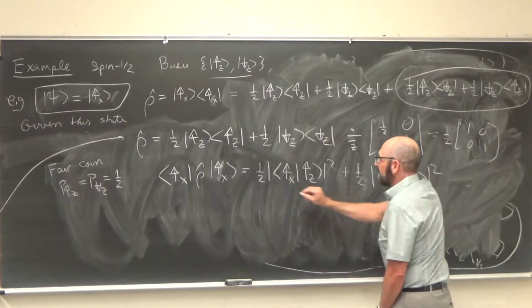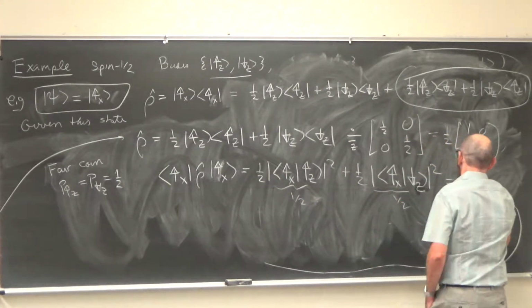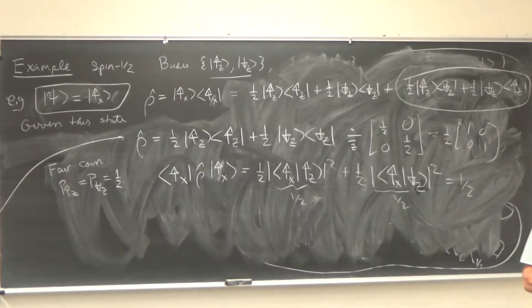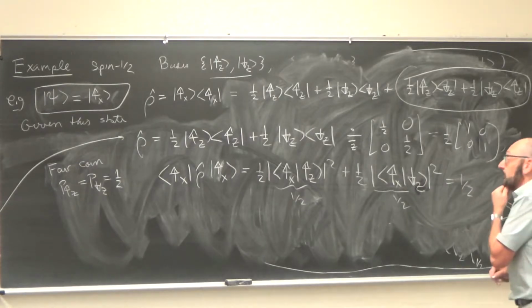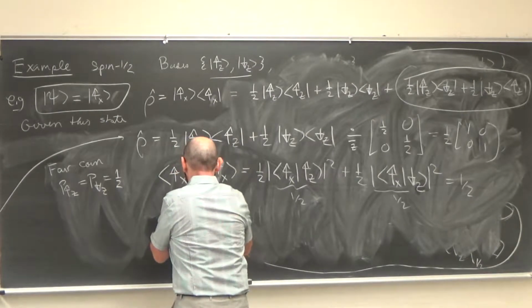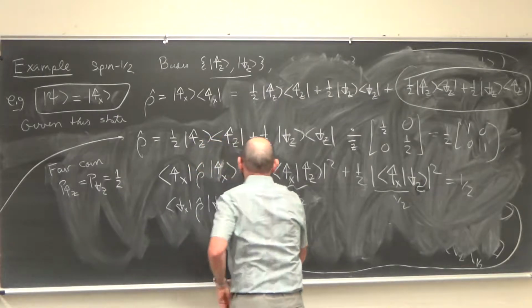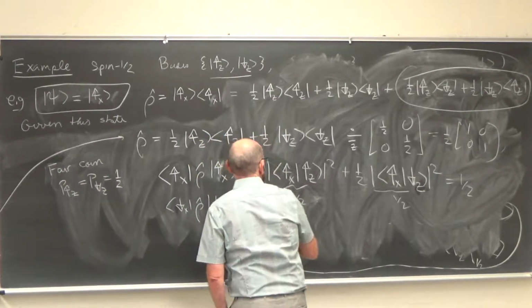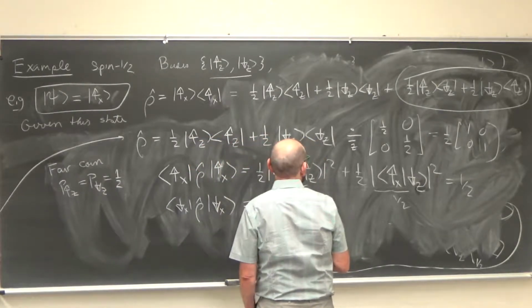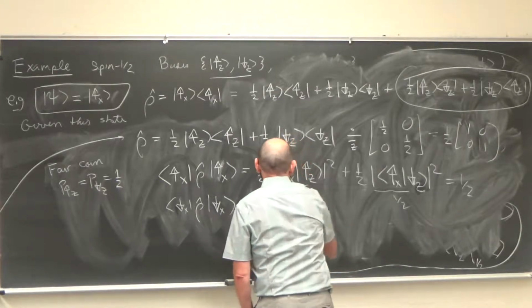And each one of these is a half, so the whole probability is a half, as expected. And the probability thus of finding down along X is also going to be equal to a half.